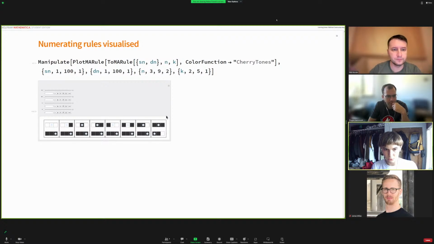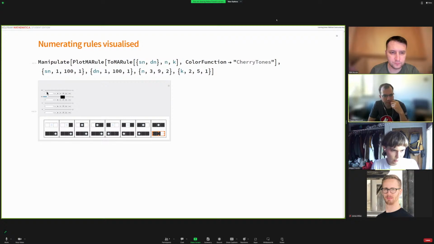This is where dn is 1, meaning there's only one rule that moves to the left. As we increase the direction numbering, you can see it ascends like binary. And similarly for the color numbering, it's another kind of binary numbering. But this is extendable. We can do it for any n.